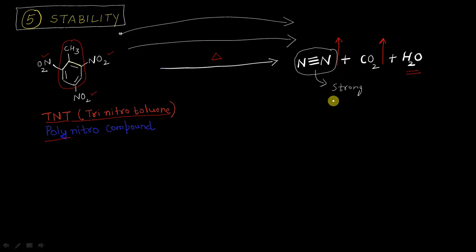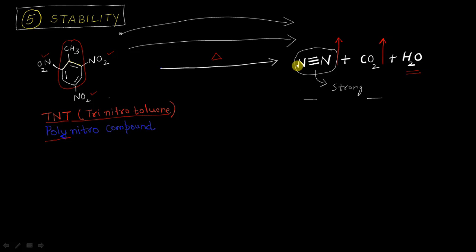And moreover, the second driving force which is making this reaction so fast is what? That not only is it energetically favorable, this reaction is also entropically favorable. The reason being, it is resulting in the formation of two product molecules which are actually gases. So this reaction from here to here is energetically favorable, as well as entropically favorable.